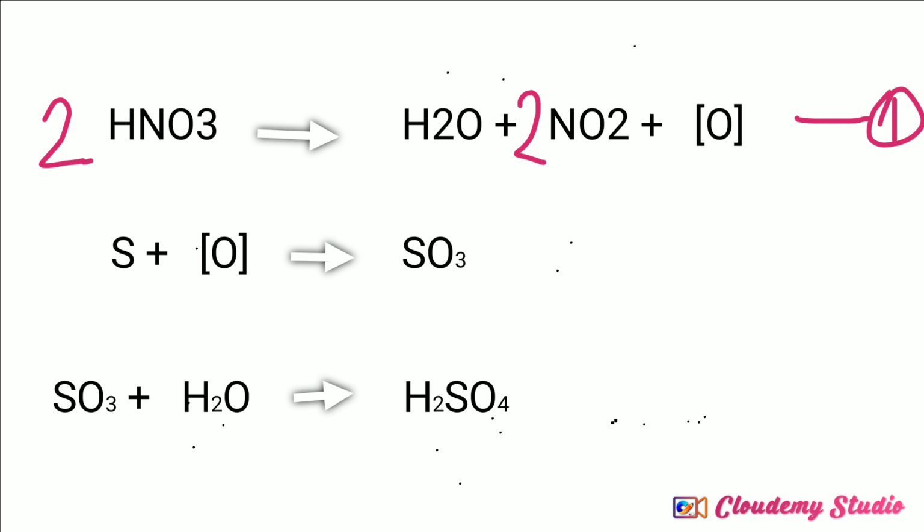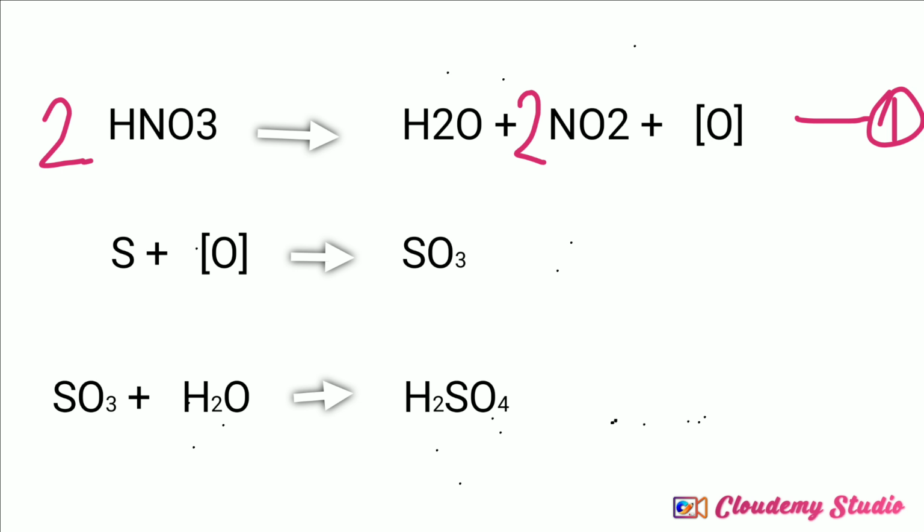Now the nascent oxygen obtained at the first equation will react with the sulfur. Actually the reaction is between sulfur and nitric acid. But during this reaction, in the first stage, the nitric acid decomposes to supply the nascent oxygen.